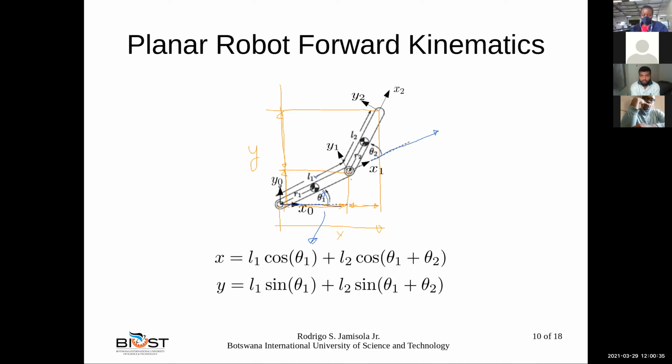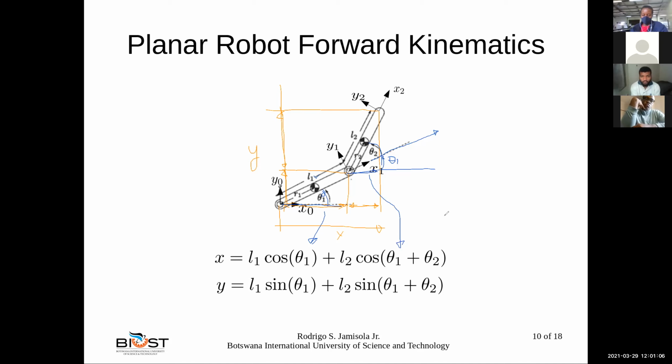So this was theta 1, the same as that theta 1. Now you add these two components, theta 1 plus theta 2. That means L2 cosine of theta 1 plus theta 2. This part here, L2 times cosine of theta 1 plus theta 2, because that's the total angle. So now that is that part.